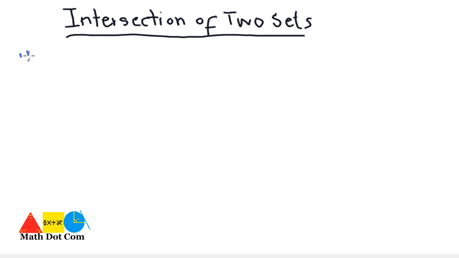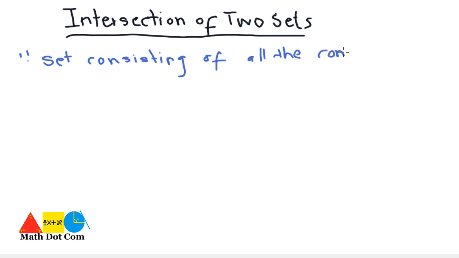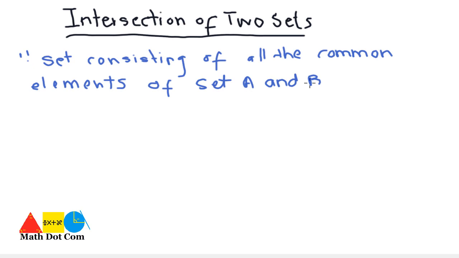It is defined as the set consisting of all the common elements of sets A and B. So when finding the intersection of two sets, the result will be all the common elements in both the sets A and B.